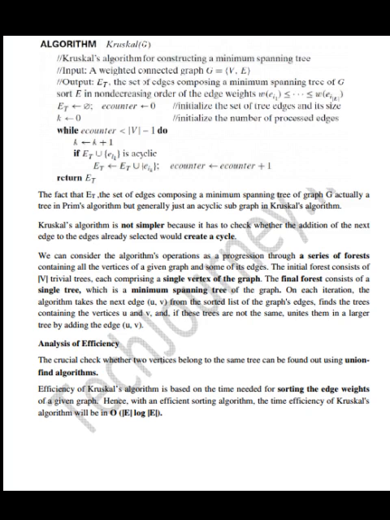Analysis of efficiency: the crucial check whether two vertices belong to the same tree can be done using union-find algorithms. The efficiency of Kruskal's algorithm is based on the time needed for sorting the edge weights of a given graph. Hence, with an efficient sorting algorithm, the time efficiency of Kruskal's algorithm will be in O of |E| log |E|.